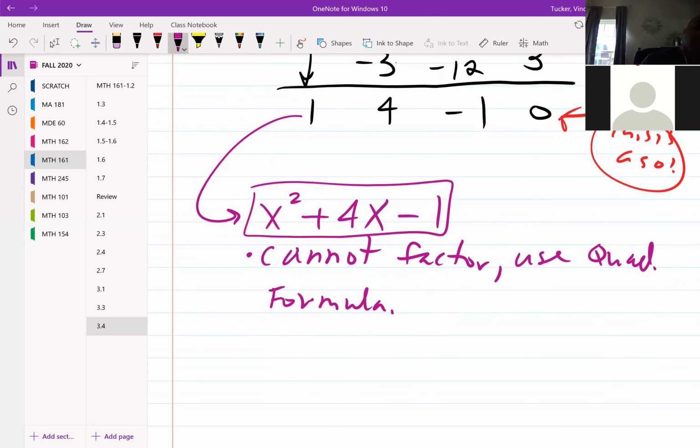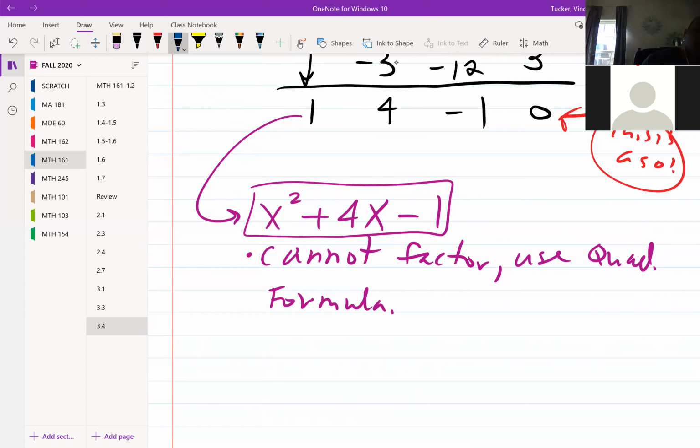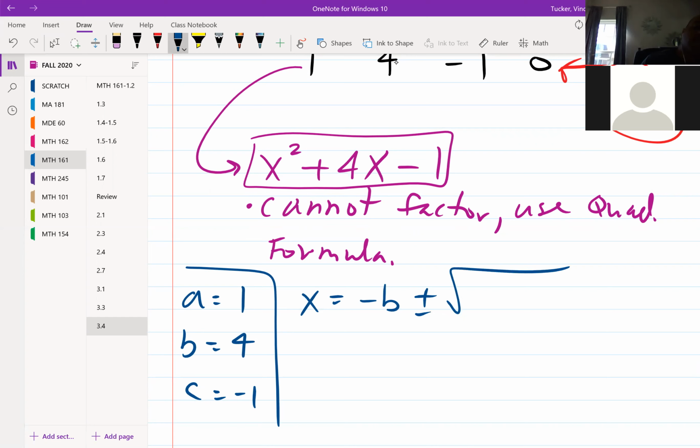All right, so let's go blue. We have to use our quadratic formula. x is equal to negative b plus or minus the square root of b squared minus 4ac, all over 2a.